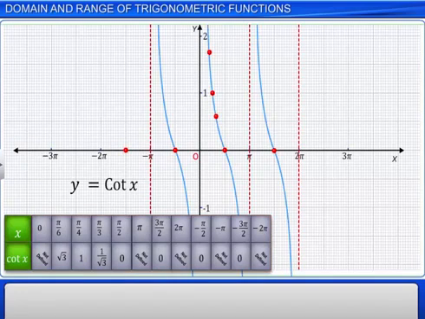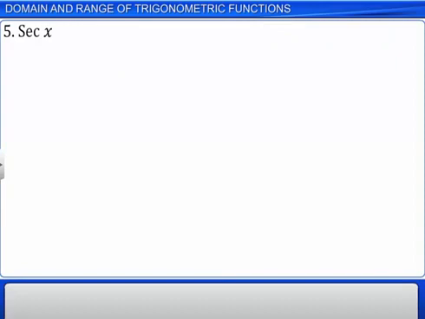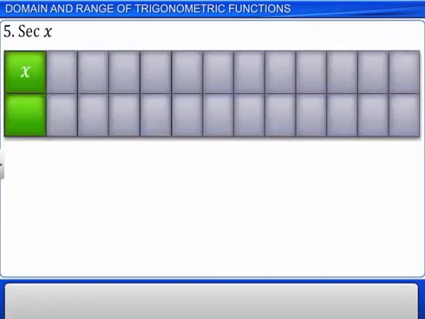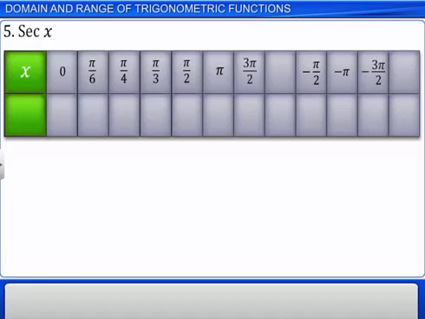Next, let us draw the graph of secant x. Take the values of x as 0, pi by 6, pi by 4, pi by 3, plus or minus pi by 2, plus or minus pi, plus or minus 3 pi by 2, plus or minus 2 pi.